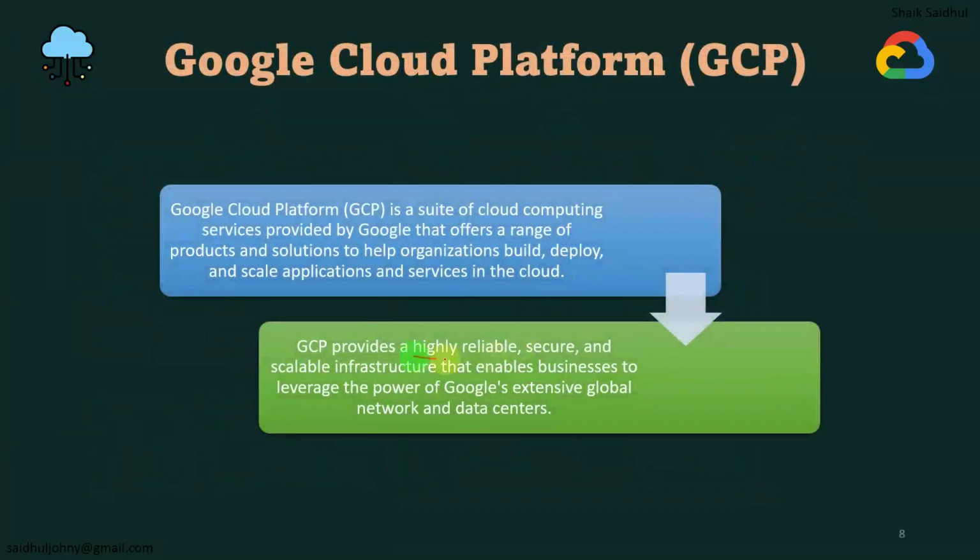These services are highly reliable, secure, and scalable infrastructure. This infrastructure is available throughout the world within the data centers, and Google has data centers throughout the world. Even in India we have two data centers, one in Delhi and one in Mumbai. So this is a small introduction to the Google Cloud Platform as well.